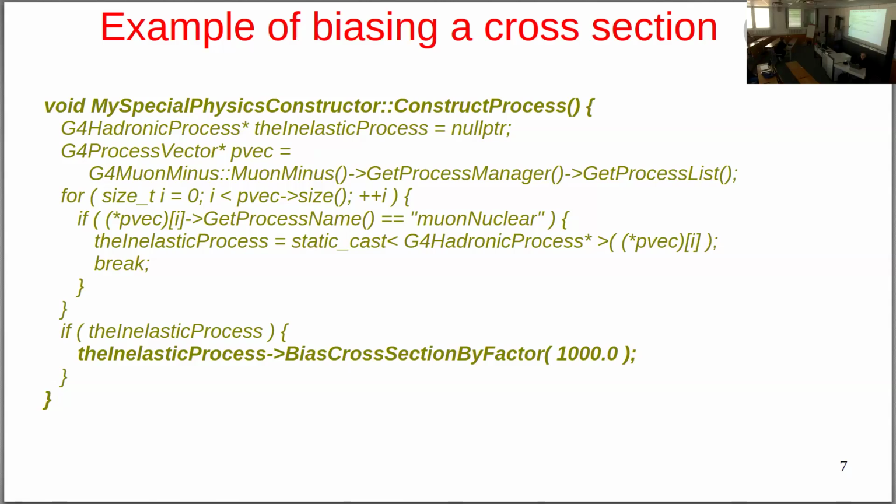Then we loop on these processes, and when we find the process that we are interested in, muon-nuclear in this example, we take it. This is the inelastic process that we are interested in. And then we call this bias cross-section by a factor. So it's not a huge code, you see, but you need to write something. Whereas there is a better way with this generic biasing.